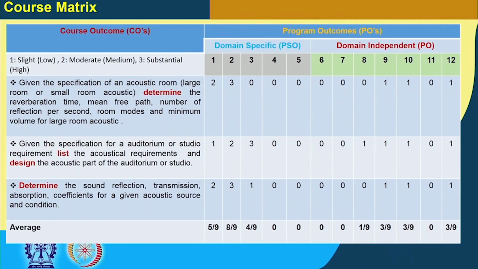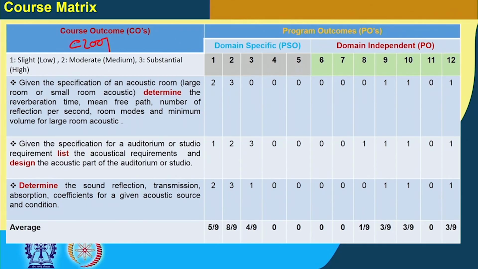For every theory course, practical course, seminar, viva, there must be outcomes. The number of outcomes depends on your course. There is a course, I think C2001 I have written, which has 1, 2, 3 outcomes, 3 outcomes.